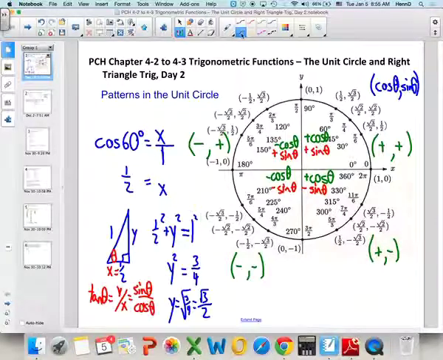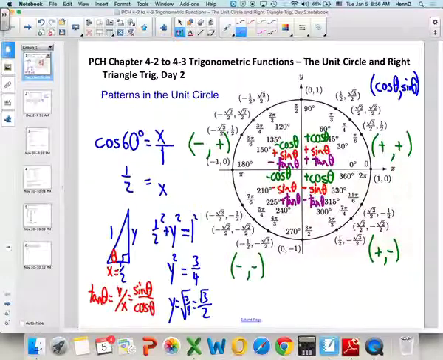If I'm dividing sine by cosine, tangent is going to be positive in the first quadrant. What will tangent end up being in the second quadrant? Negative, because a positive divided by negative is negative. How about the third quadrant? It's positive. Two negatives will make a positive. And in the fourth quadrant? Negative.